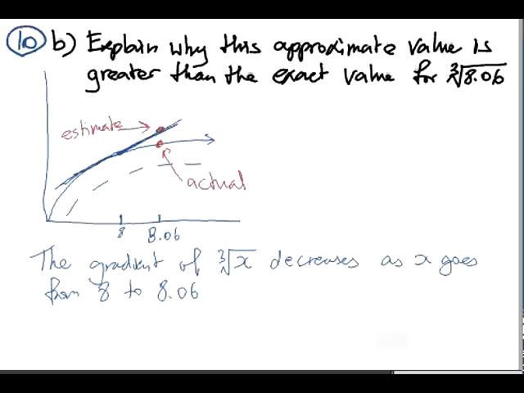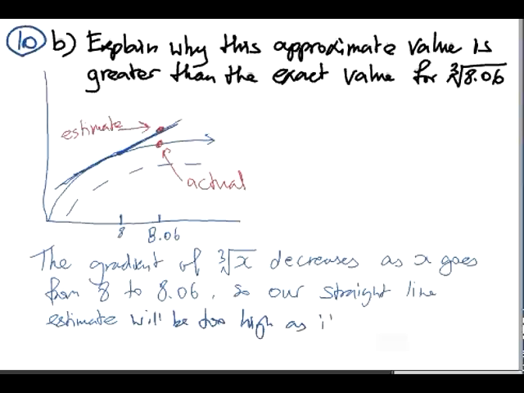So our straight line estimate will be too high, as it assumes unchanging gradient. There. So just an explanation of what I said before.